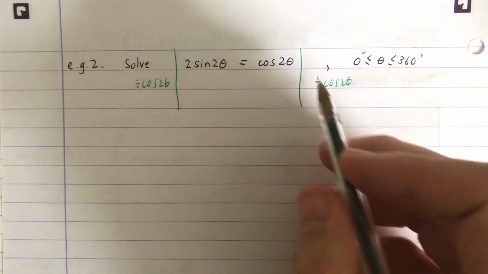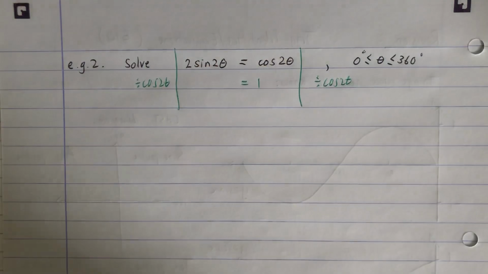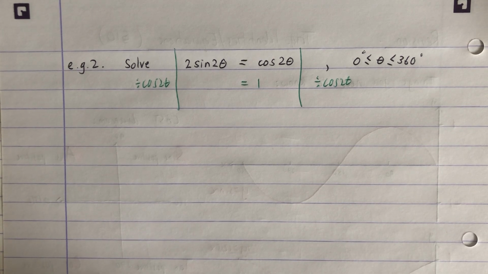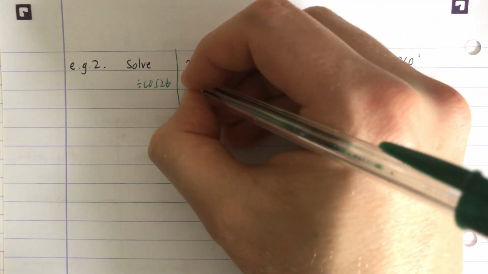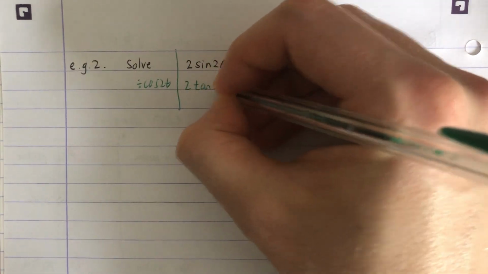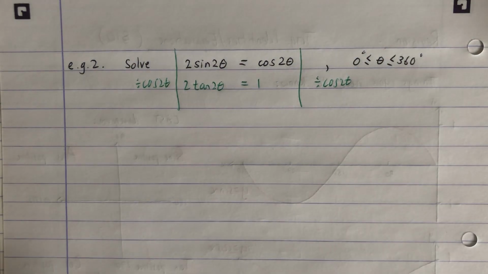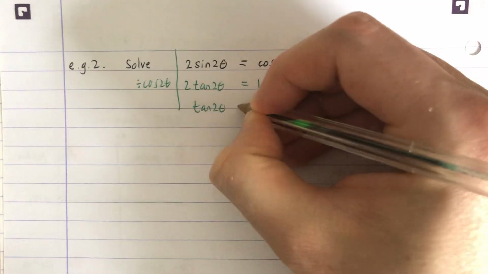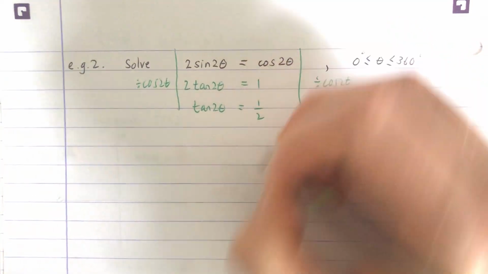Well, cos 2 theta divided by itself would be 1, and 2 sine 2 theta divided by cos 2 theta, using that second identity, would be the same as 2 tan 2 theta. Key thing is tan 2 theta. Now when you've got one trig ratio, you make it the subject. So tan 2 theta would be equal to a half.